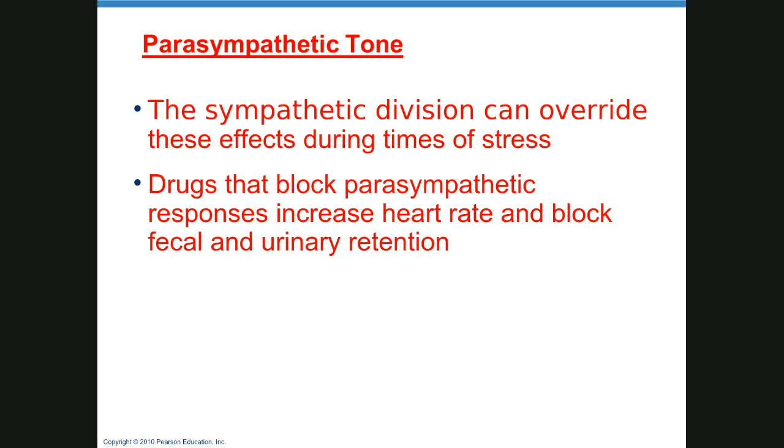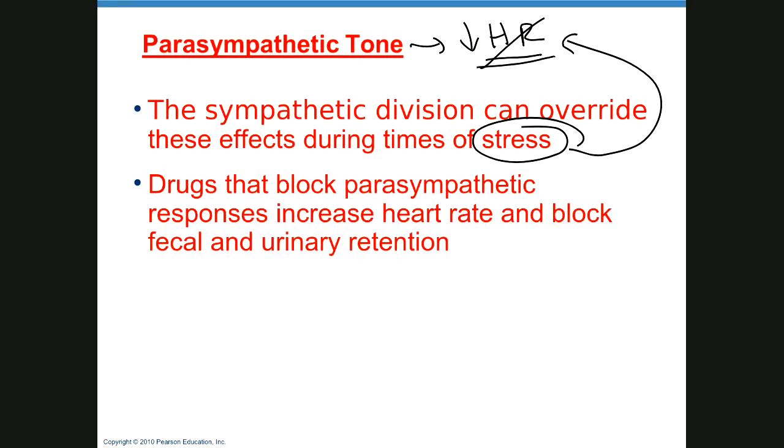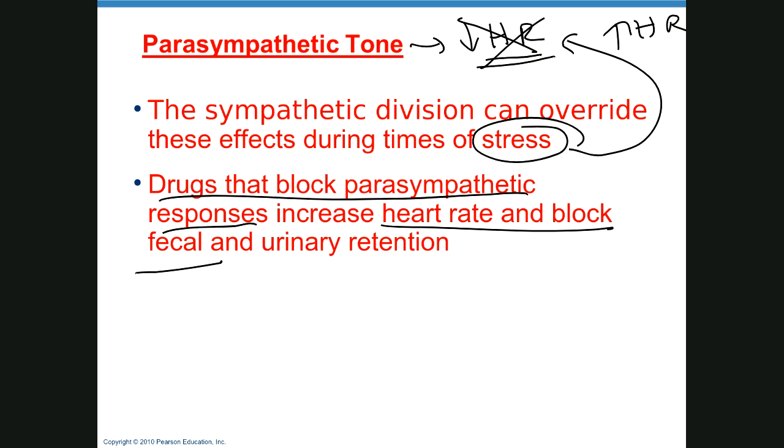We said that the parasympathetic tone is what is slowing the heart at all times, except at times of stress. During stress, sympathetic is going to override the parasympathetic tone of the heart and is going to increase the heart rate. So any drug that blocks parasympathetic response is going to increase heart rate, and block fecal and urinary retention.